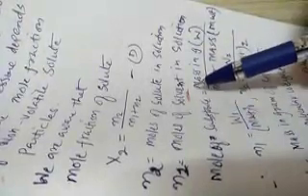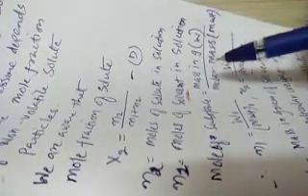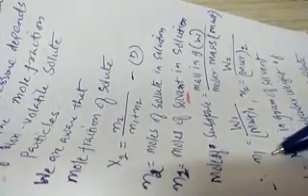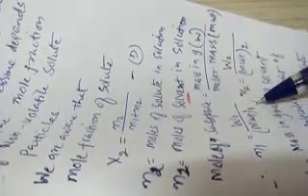Moles of a substance is equal to the mass of the substance in gram divided by the molar mass of the particular substance. So for N1, we can write W1 by molecular weight 1.